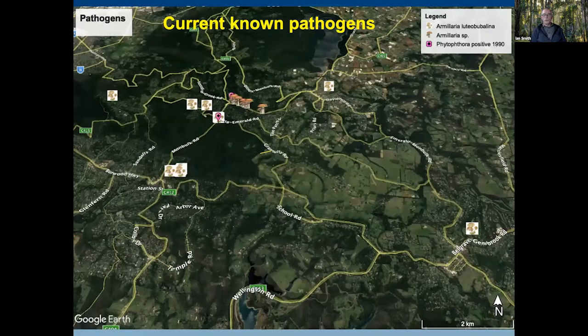So throughout the Dandenongs, this is where we know, for instance, this is Armillaria luteobubalina. It's a garden in Emerald. This is just this last June, which is when I looked at these particular trees. So we've got one at Emerald. We've got them down the Puffing Billy car park and the area where Bill and the team have been doing planting down in the Sherbrooke forest. This is up at Ferny Creek.